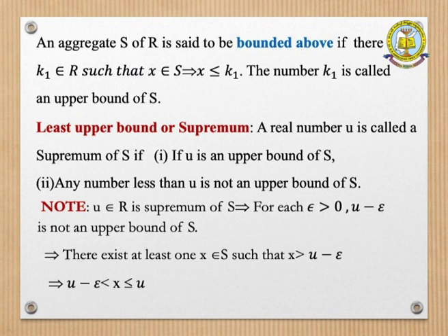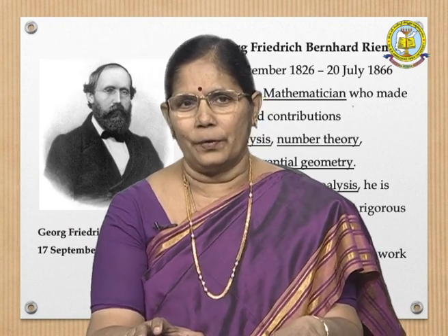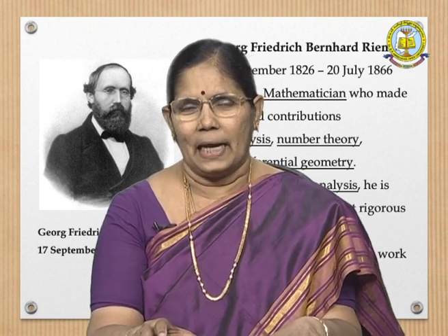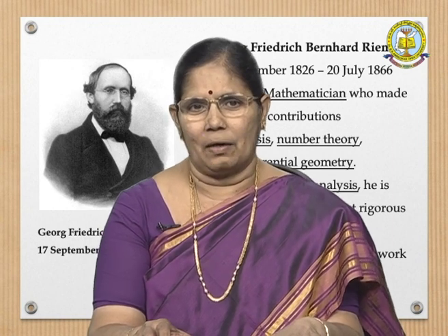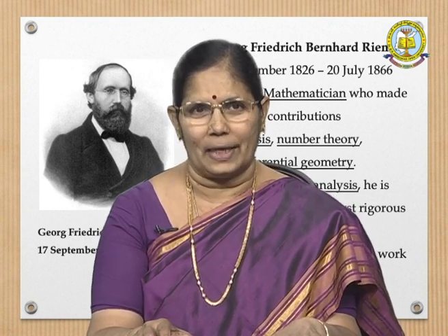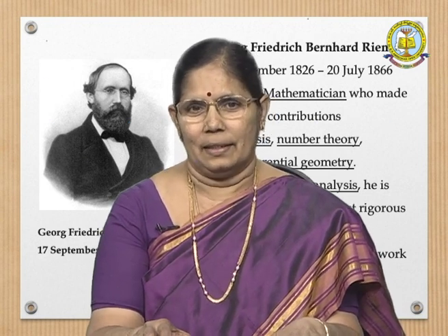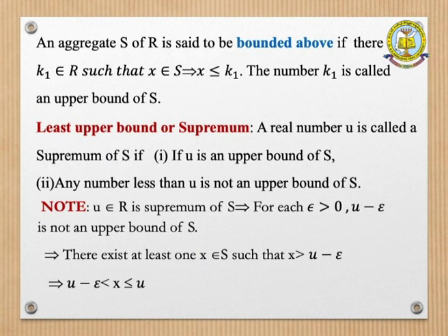How do we explain it symbolically? Suppose u is a supremum of an aggregate S. Then for any small epsilon greater than 0, u minus epsilon is not an upper bound of S. That means there exists at least one x belongs to S such that x is greater than u minus epsilon.